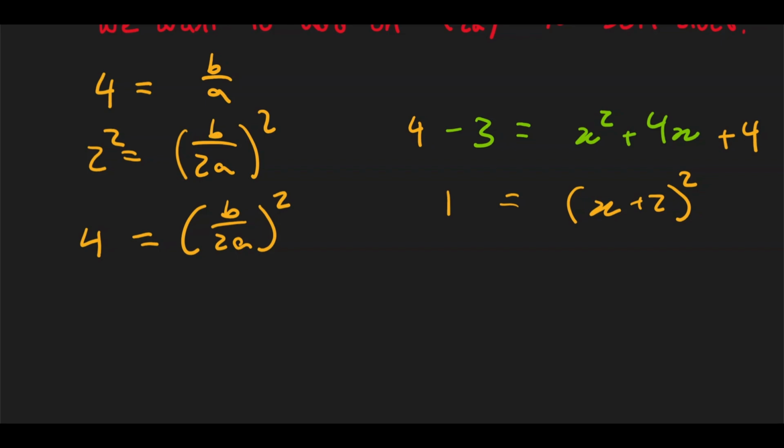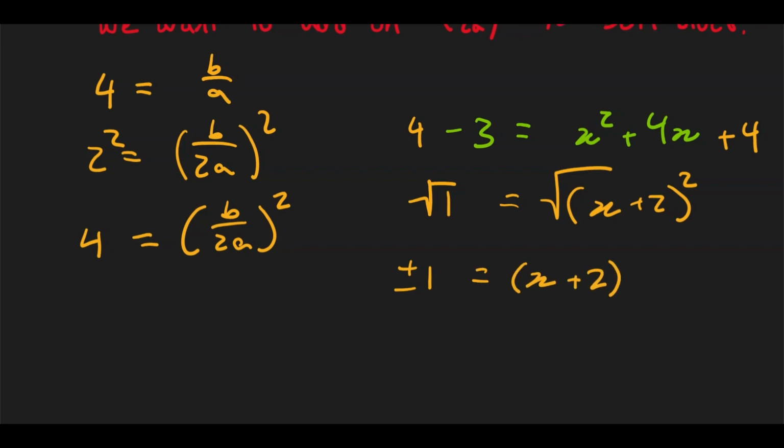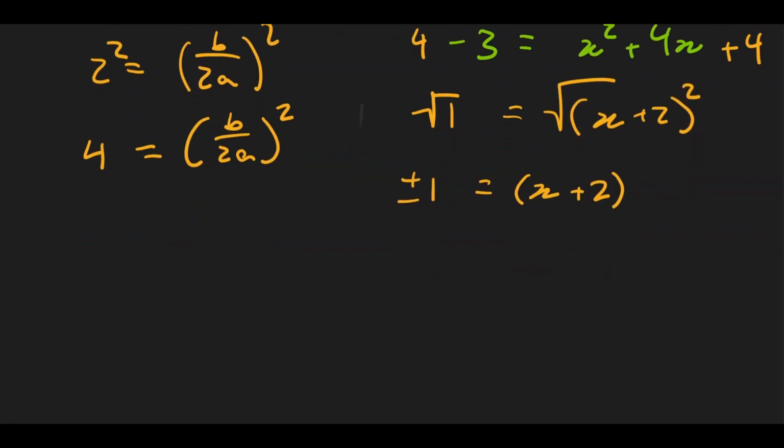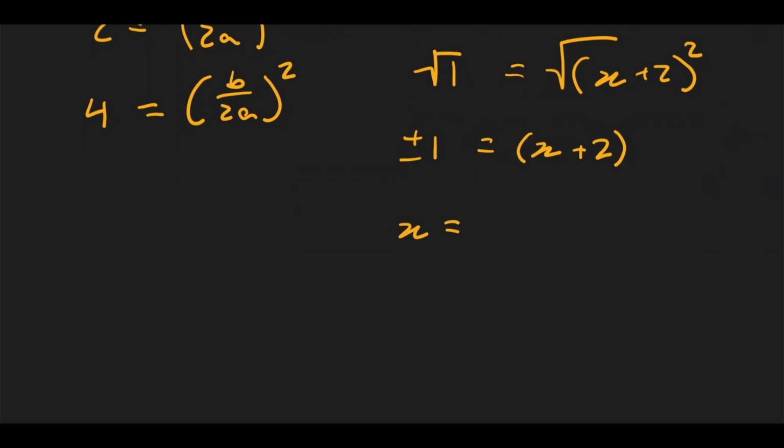So now what we can do is just take the square root from both sides. So square root of 1 is actually just plus or minus 1, right? Because negative 1 times negative 1 equals 1, and positive 1 times positive 1 also equals 1. Nice. So now we can subtract 2 from both sides. X equals negative 2 plus or minus 1.